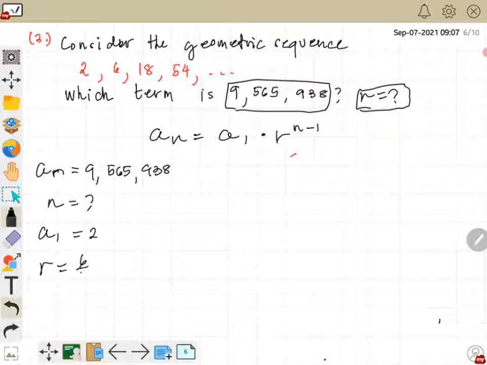So do that: 6 divided by 2, that's 3. We simply substitute it there, then manipulate the resulting equation to solve for n. So I have 9 million for my a sub n.